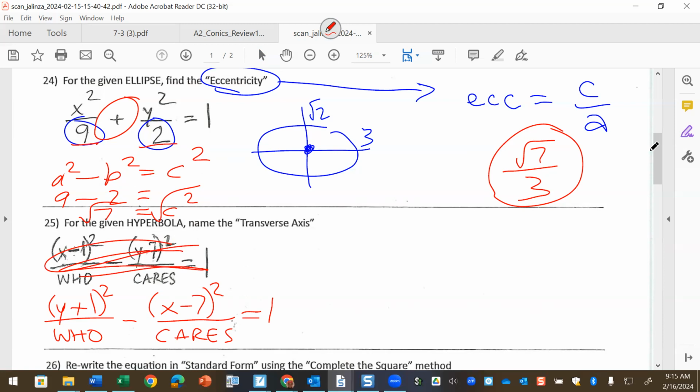All right. Where is the center of the hyperbola? Positive 7, -1. Okay. Draw the picture. Yes. And I didn't give you enough information to draw it, but you should be able to tell me which way it faces if this one was the positive.